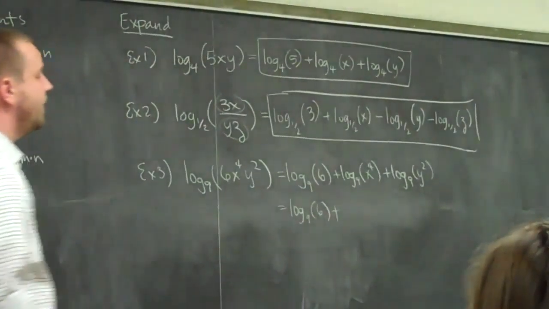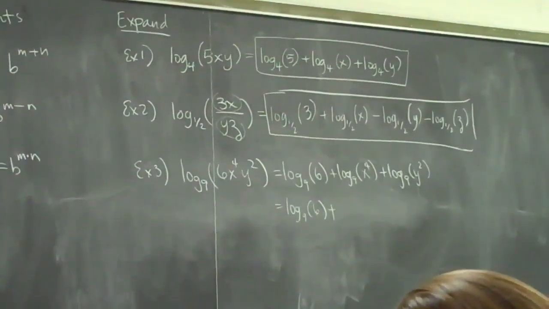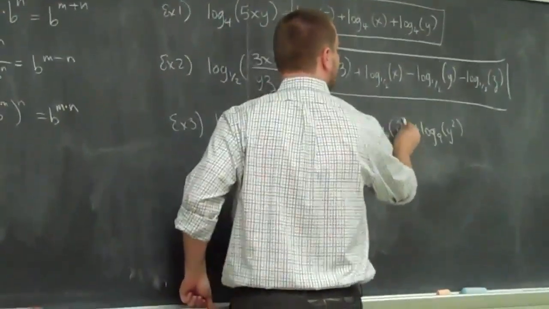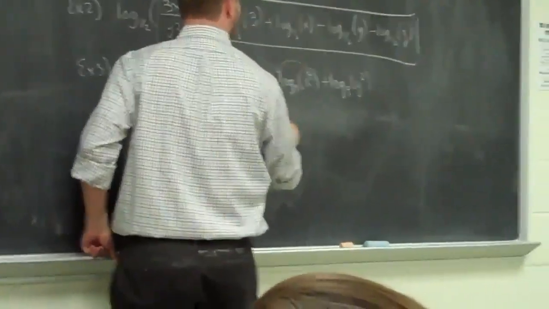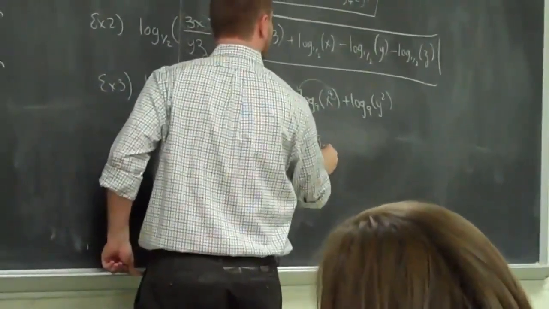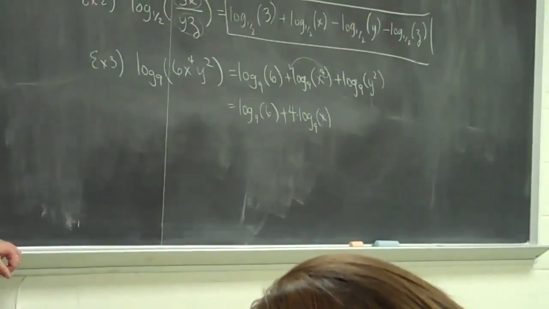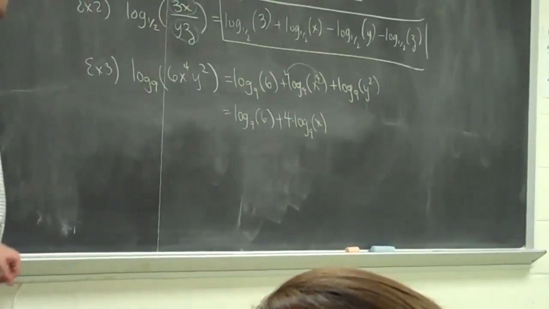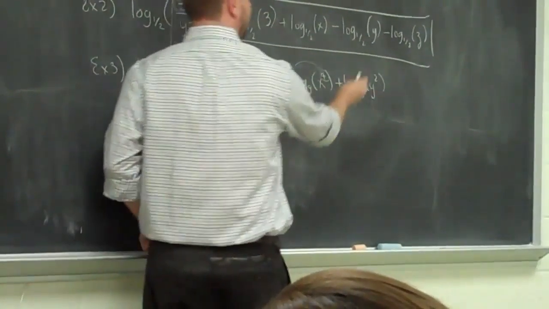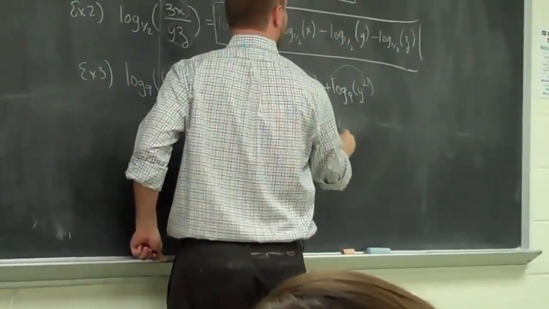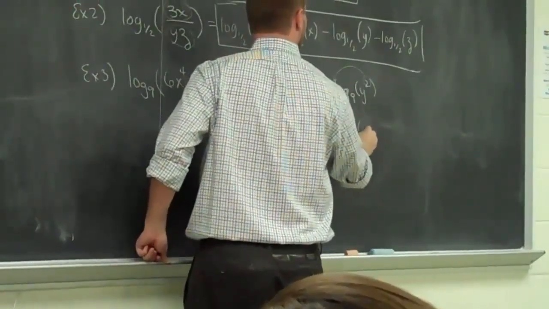But the log base 9 of x to the 4th, that can be expanded out a little further. I can take my 4 as my exponent. I can bring it up front, so it's now 4 times the log base 9 of x. And my y squared, I can take that 2, bring it up front, and it's plus 2 times the log base 9 of y.